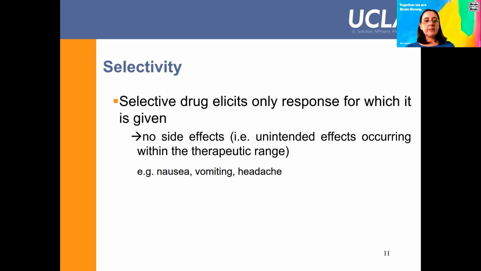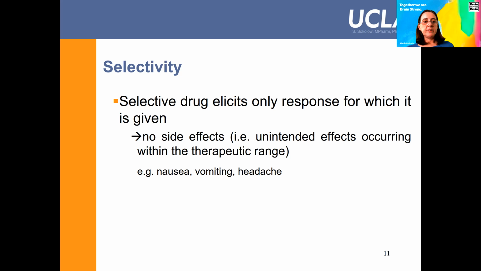Now, what is a selective drug? So what is selectivity? A selective drug elicits only the response for which it is given. So I gave the example of a COVID-19 antiviral. And so, of course, a selective drug would be a drug that has no side effects. So that means there is no unintended effect occurring within the therapeutic range. Again, this is the ideal world. There is no drug that has no side effects.